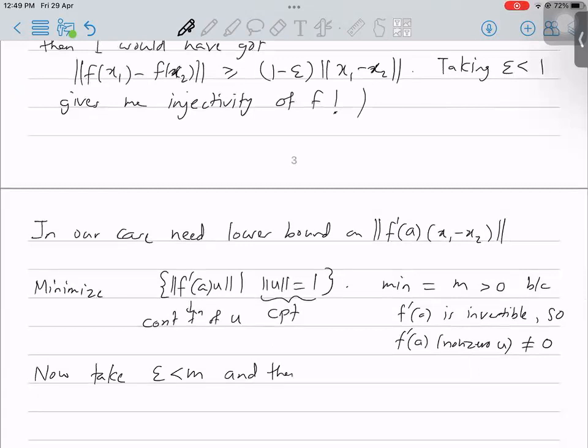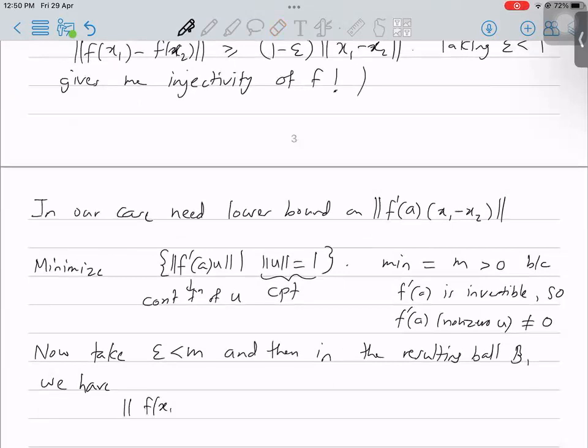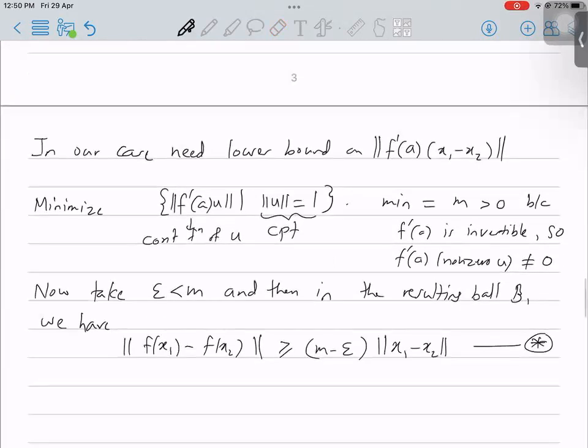And then for the resulting ball B, we have, let's write down this final because this is important. The norm of f of x1 minus f of x2 is greater than or equal to m minus epsilon times the norm of x1 minus x2. So this is important. Let's write this down. And m minus epsilon is greater than 0. So this is injective.